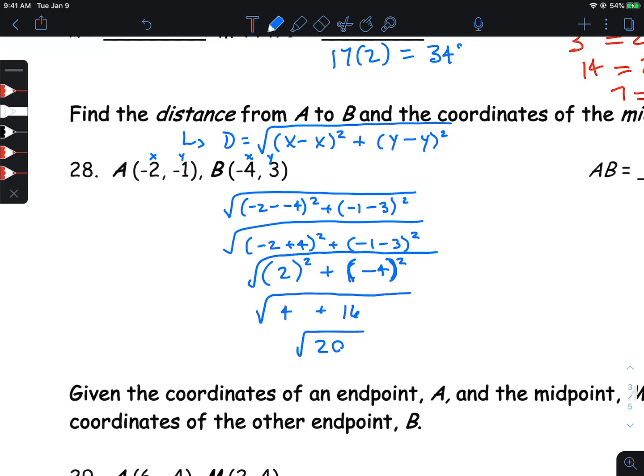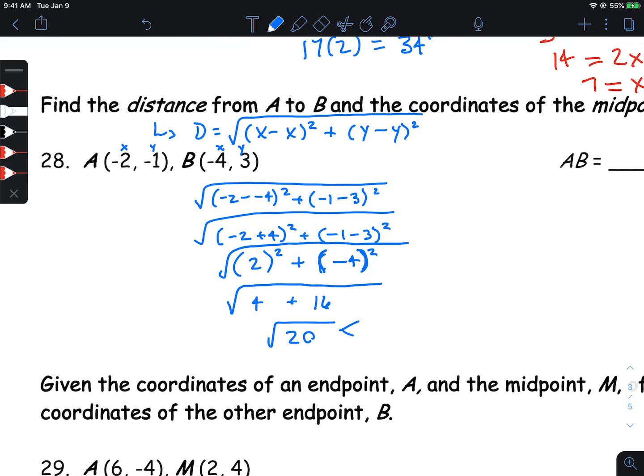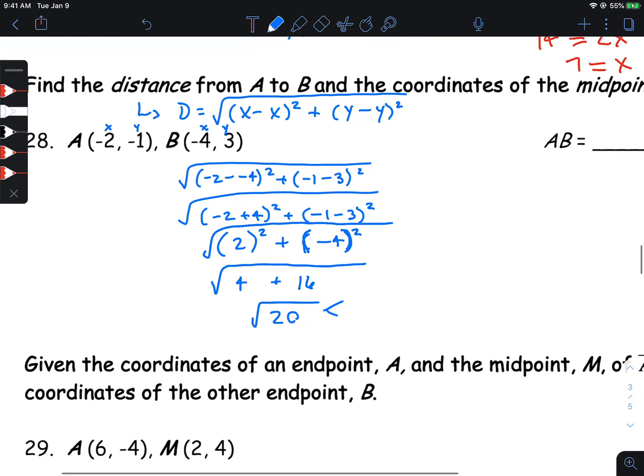Now I think on this first test we go pretty easy on you here. I think it comes out as a clean number, or a number that can't simplify. This radical does simplify a little bit here, so this will show up a little bit later in the class, but you basically find numbers that multiply to 20, which you can do 4 and 5, and then 4 you can do 2 and 2. So the correct and best way to write your answer here is 2 square root of 5. You take the pair, you write it on the outside.